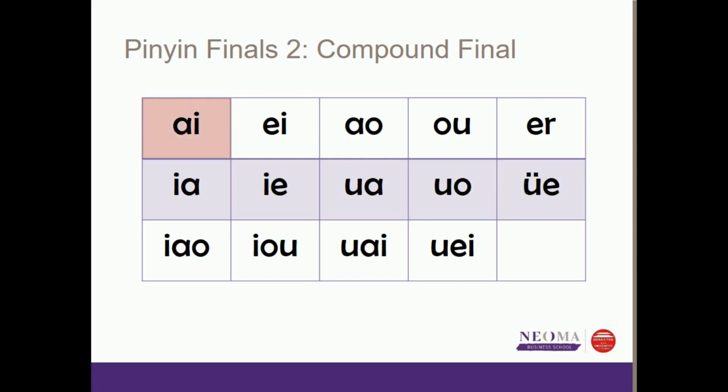So, ai, ao, ya, ye, wa, wo, yue, we. Oh, I pronounced it wrong. Wei, we.